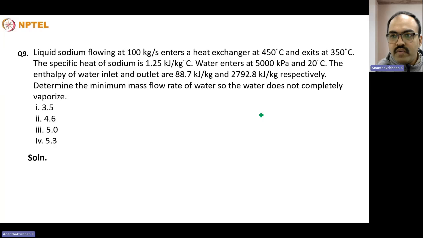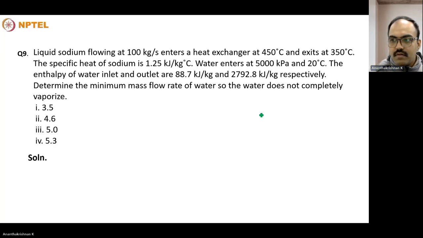If we had used a higher side temperature source like high temperature steam, we would need to increase the pressure so much so that we can attain that particular temperature.